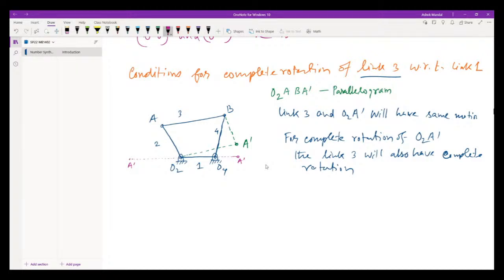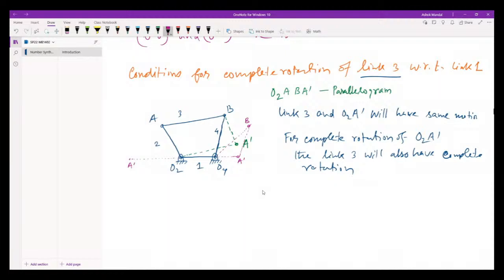If A dash is here, A dash B has to be of this length, and suppose O4 at that point of time is somewhere here. This is B.